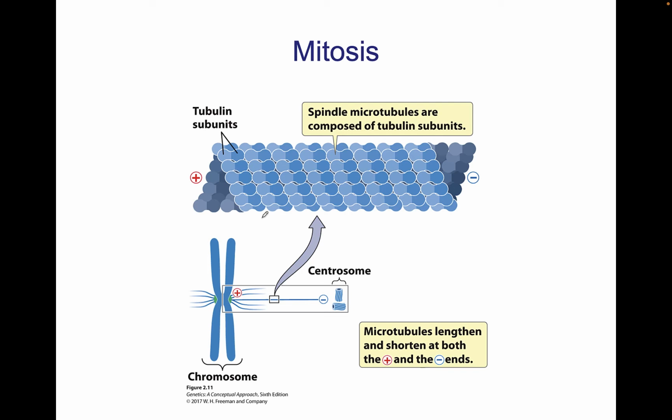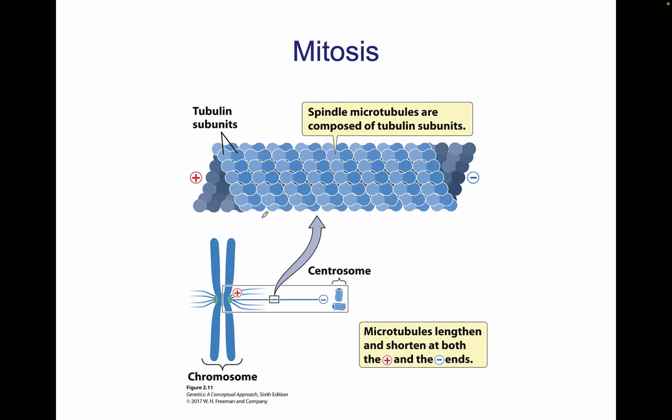The plus end at the connector core and the negative end at the centromere. So there's two different portions. The positive end of the tubulin is going to be closer to or attached to the connector core, and the negative end is going to be towards the centrosome. Okay, the negative end towards the centrosome.